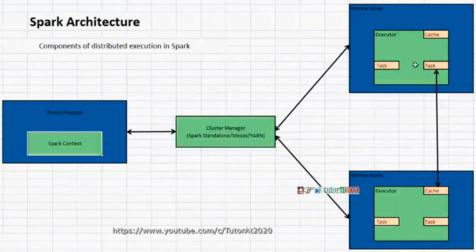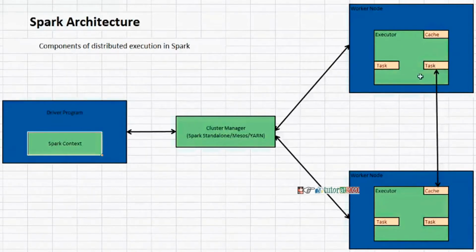The executor processes or the tasks work on the data sets available on these different machines, and the task execution occurs within the context of these executor processes.